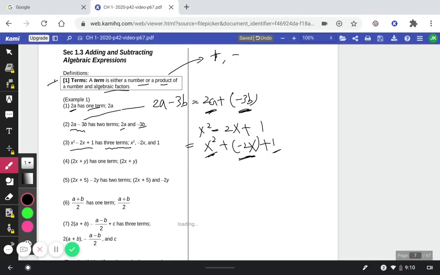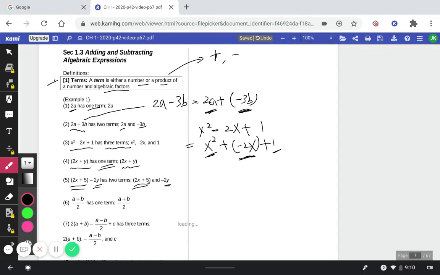Now, the group signs, like parentheses and brackets, make everything one term. So if you have 2x plus y in quantity, that's one term. Now 2x plus 5 minus 2y, now you have 2 terms. One is the group term, and the other one is plus negative 2y.